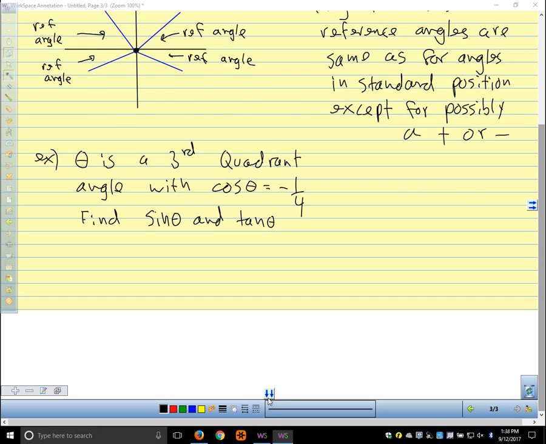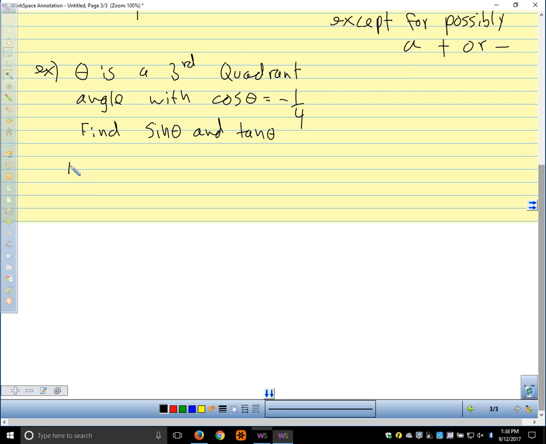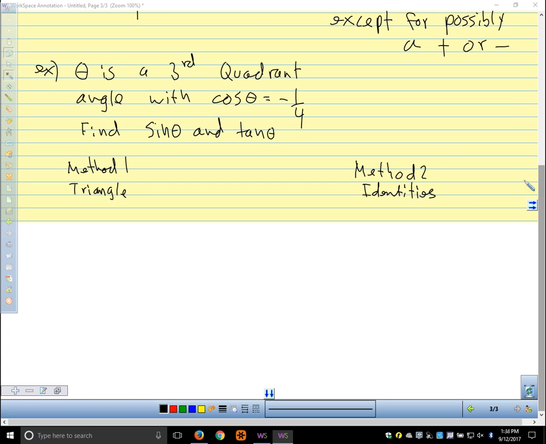And I'm going to use two methods. Method 1, I'm going to use a triangle. And method 2, since we know some identities, we'll use identities.